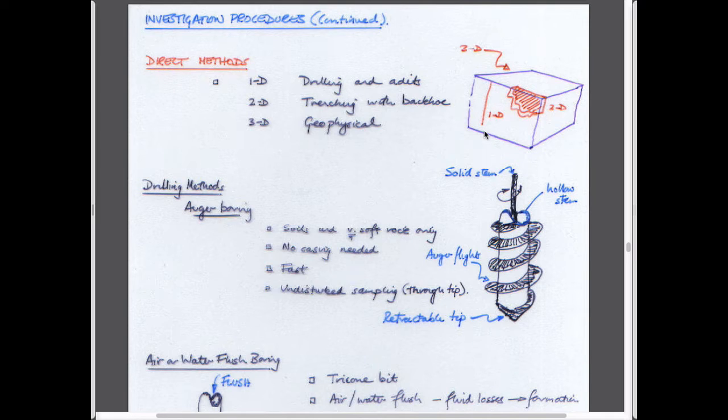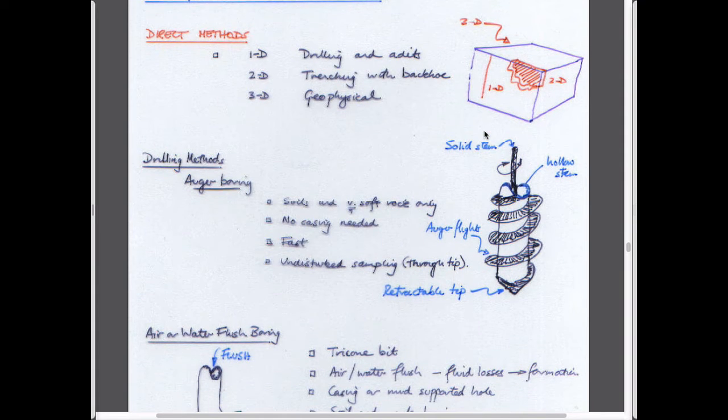So you might be looking for NAPLs. You might see it in the geophysics, although it's not very easy to see. Some things like GPR and electrical methods can work. And then once you find out with the geophysics, maybe you put a hole down to confirm whether it's there or not. But the first thing we'll talk about is direct investigation.